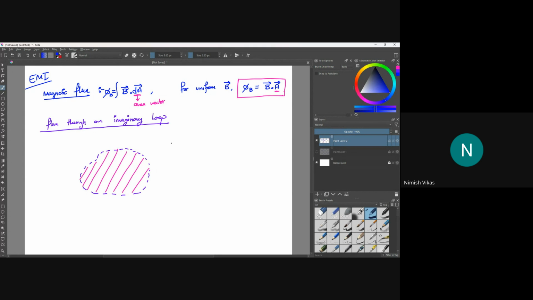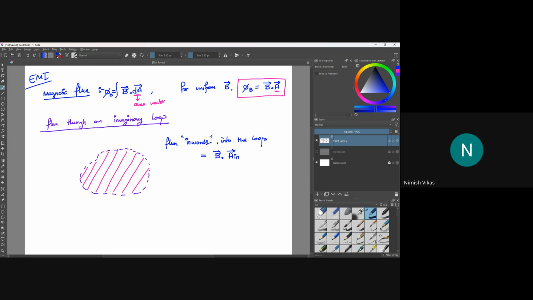Based on that, we define flux inwards. Magnetic flux inwards, or into the loop, is given by B dot A in.